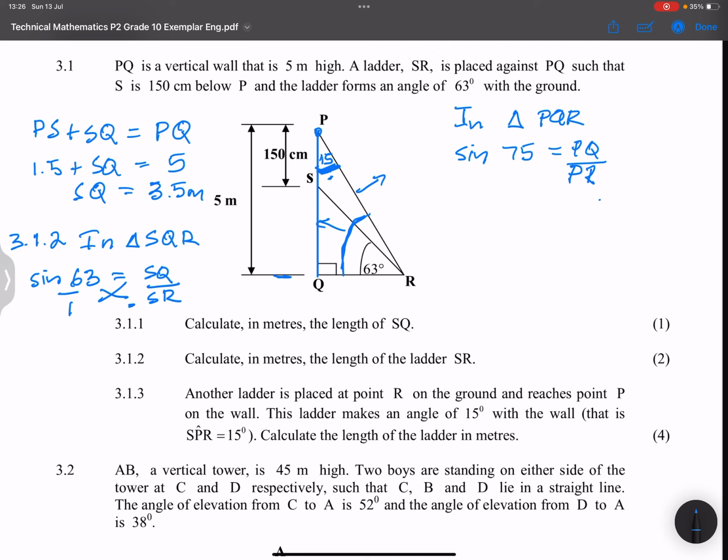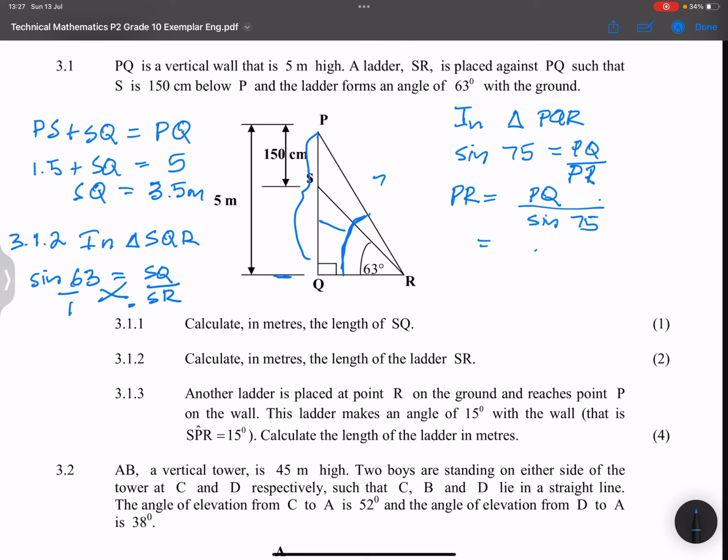Now, I want you to please note in this case, PR is what we're looking for yet again, and I'm going to show you the other way that I would have done it using the 15-degree angle. So PR would be equal to PQ divided by the sine of 75 degrees. PQ, that's the 5 meter length over there.